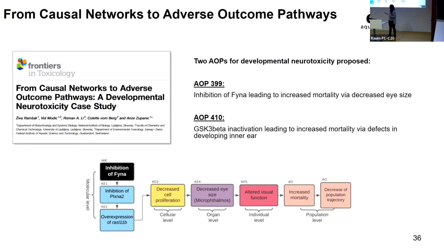One was that inhibition of the enzyme FIN-A leads to a decreased cell proliferation in retinal ganglion cells, which leads to a decreased eye size, altered visual function, and increased mortality, and this finally leads to a decrease in population trajectory. In the second AOP, the inactivation of the GSK beta enzyme leads to increased mortality via defects of the developing inner ear.